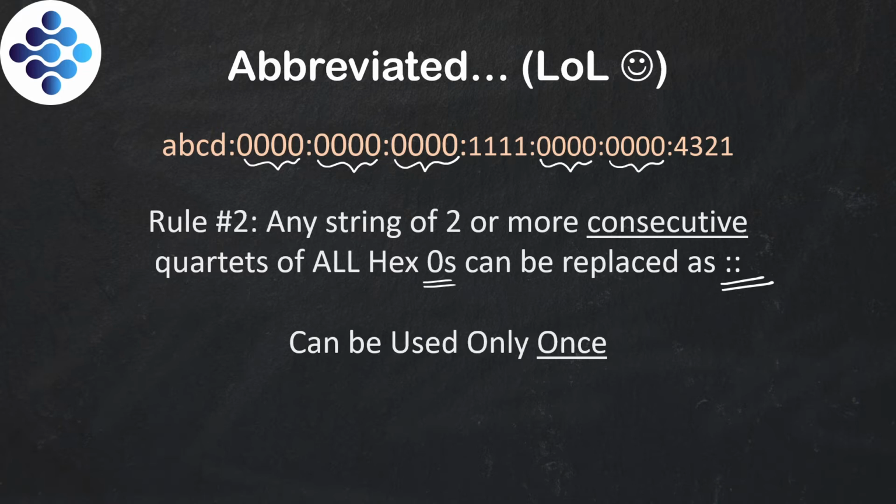And they are consecutive, so they are 2 or more than 2. So all of them can be replaced by a double colon. You'll say here also, yes, but it tells that it can be used only once. So following rule number 1, we can just convert them to 0.